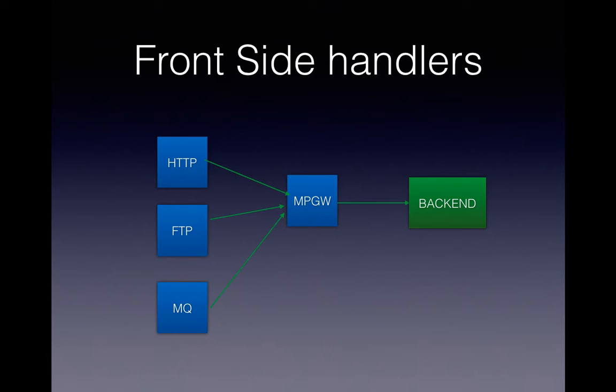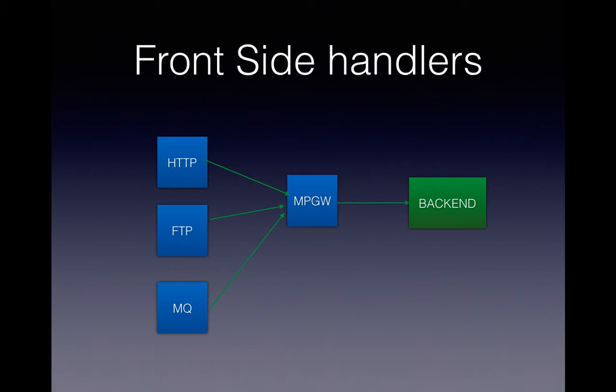The three boxes over here on the left are the front-side handlers, and the one in the middle is called the multi-protocol gateway, which will be represented as MPGW hereafter. The MPGW is equivalent to the flow.